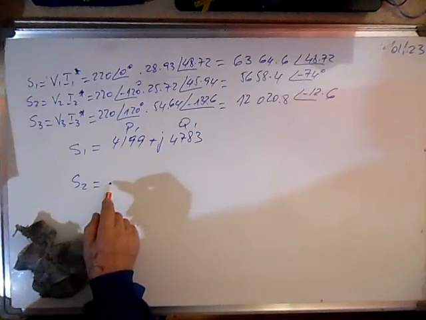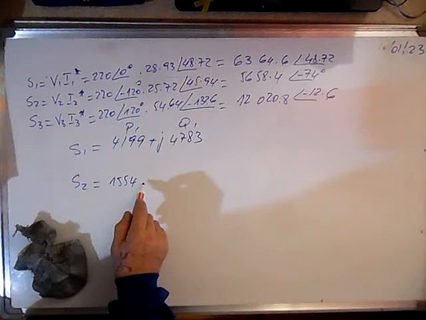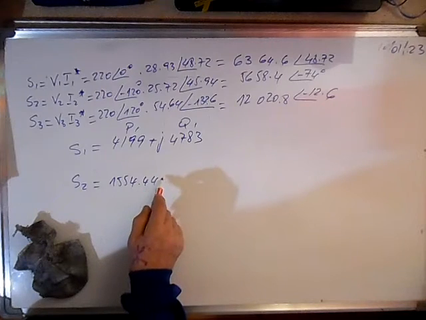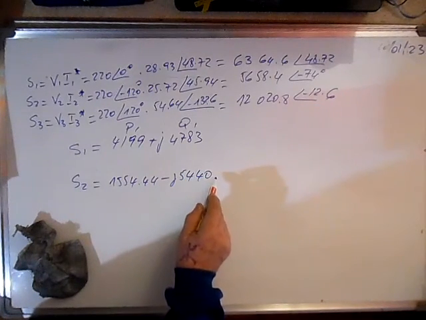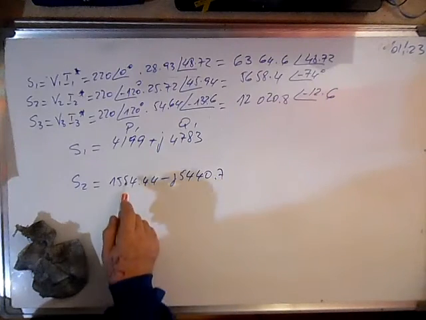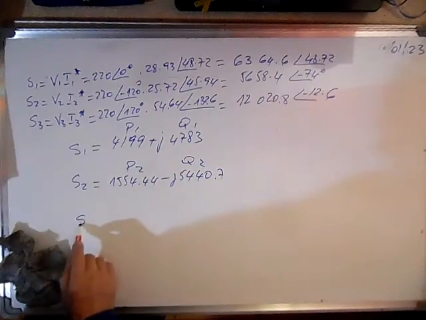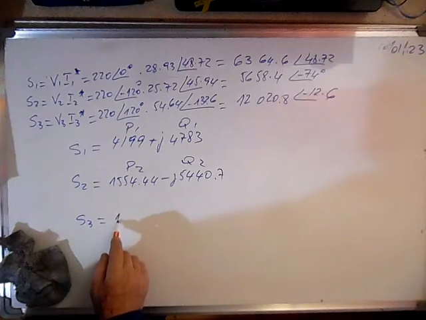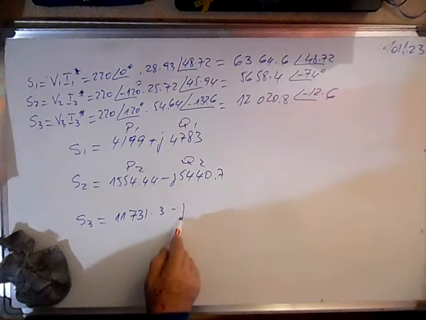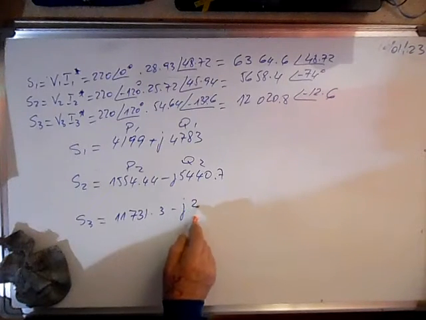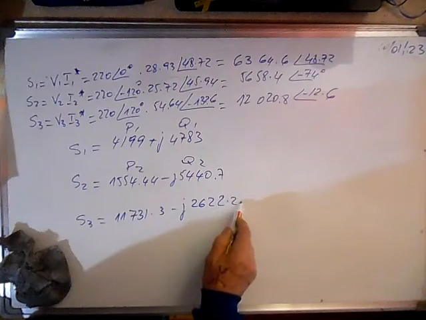S2 is equal to 1,554.444 minus j5,440.7. This is P2, this is Q2. S3 is 11,731.3 minus j2,622.25.